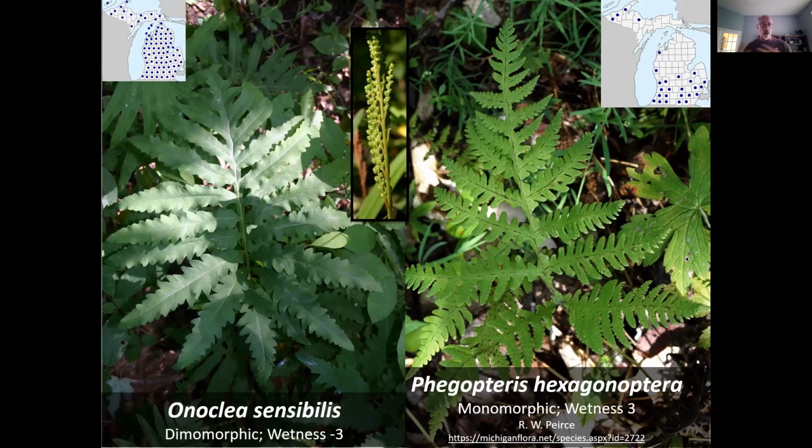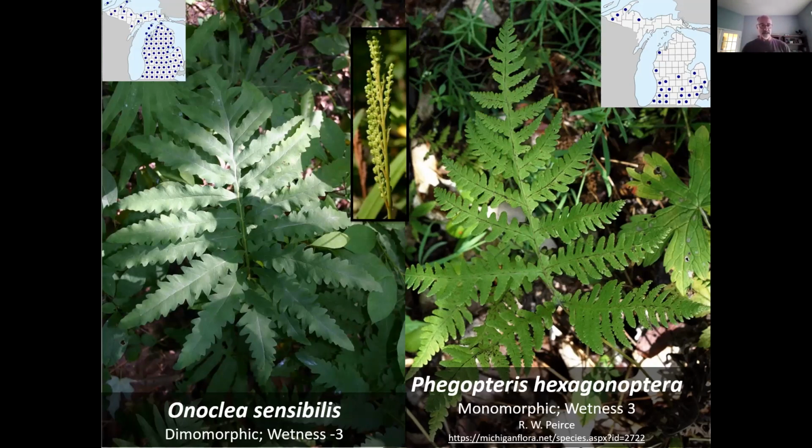The other thing to tell them apart is that Onoclea produces a reproductive structure, which again is just a modified leaf that looks like a cluster of grapes, kind of like the Botrychiums. In fact, it's going to turn purple when it's ready to release. But Onoclea makes lots of fronds.